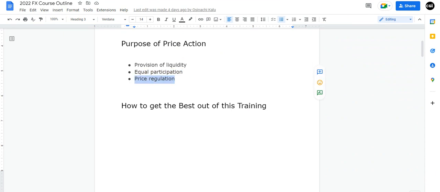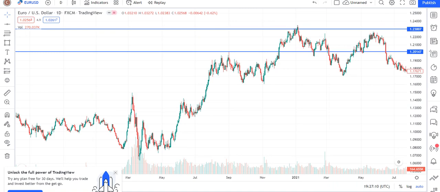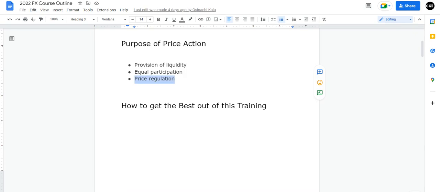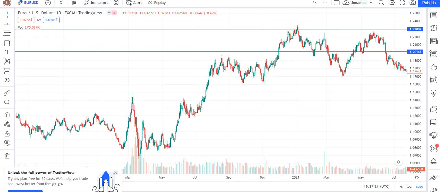So the central banks are in control of the markets. I think I put this down in the basic resources I gave you guys at the beginning of this training. So the central banks are in control, and the reason why they need somebody to control it is because if nobody controls it, the price in the market can just go haywire.